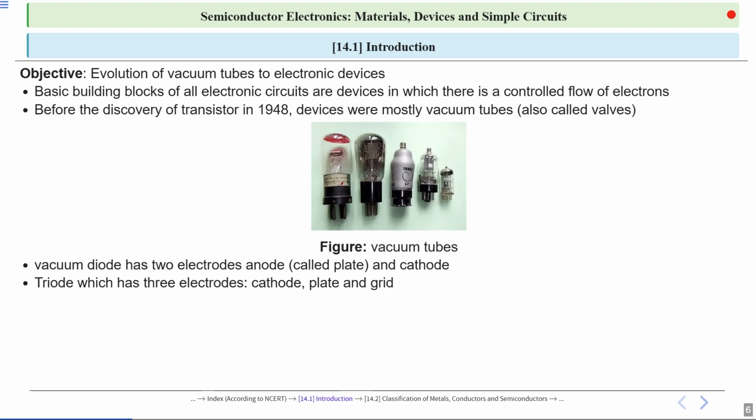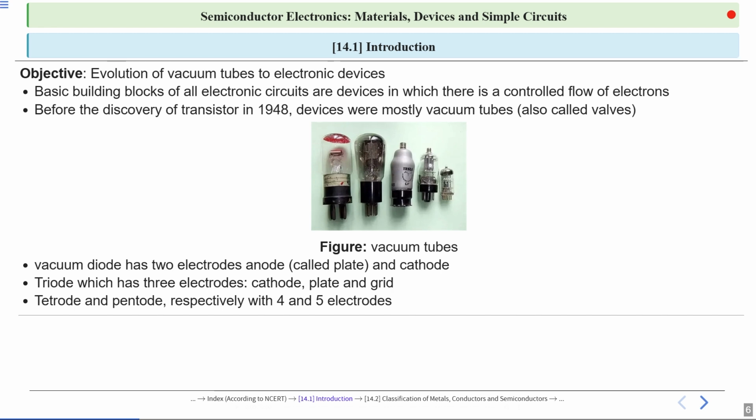The cathode emits electrons, the plate collects them, and grid controls the flow of electrons between them. A tetrode has 4 electrodes, while the pentode has 5. Both are vacuum tubes used in amplification, with pentodes offering better performance due to their additional electrode.